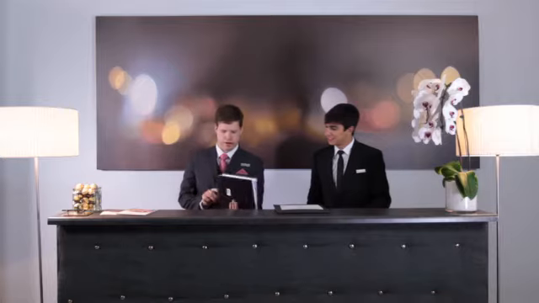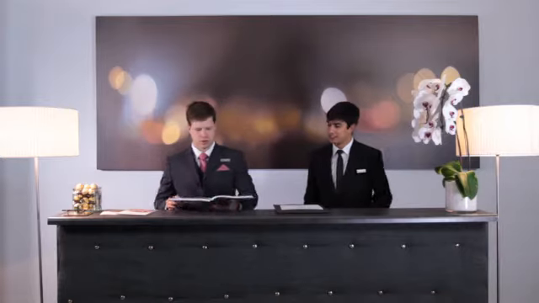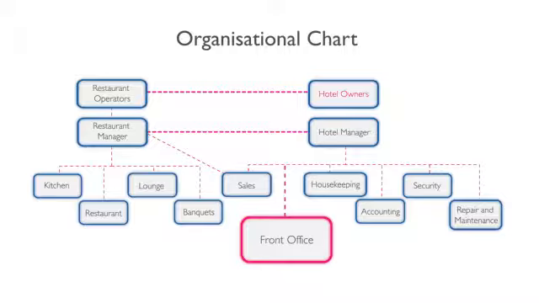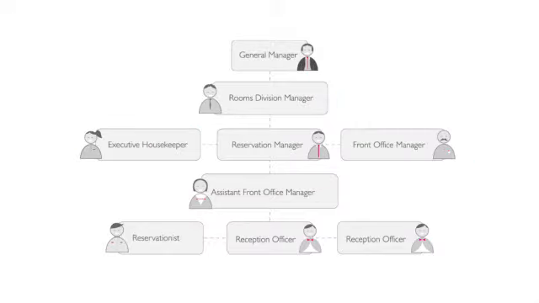Equally important is understanding how you and your work fit in with the rest of front office and the other departments. The way in which this flow and hierarchy can be illustrated is by using a diagram called an organizational chart. Now let's look at an example of an organizational chart of the front office department for a medium-sized property.